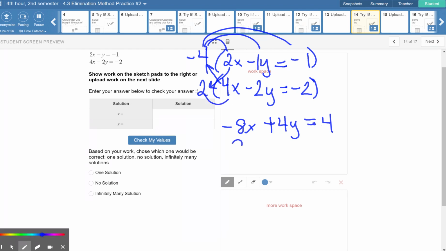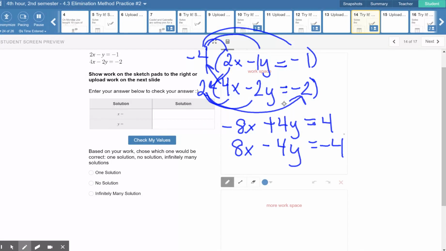So then we have our second equation. 2 times 4x is 8x. 2 times negative 2, which is a negative 4y. And then 2 times negative 2 all the way on the other side is a negative 4. So then our x's cross out, our y's cross out when we add these two together.